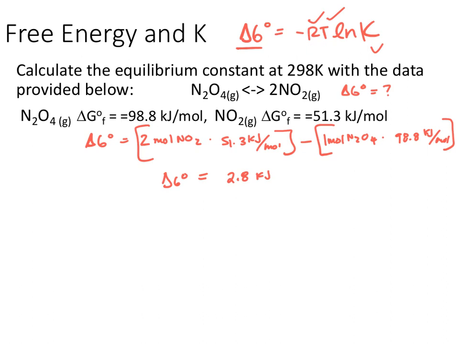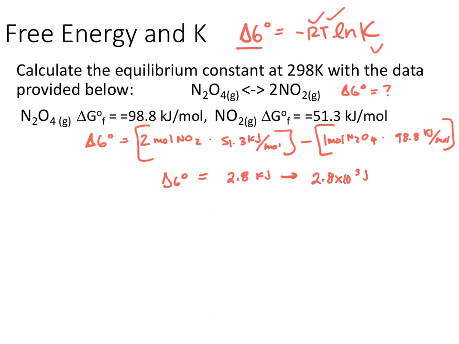Remember, our R constant is in joules, so we need to make a decision about what we're going to convert into. So we can either change this into joules or we can change our R into kilojoules. I'm going to just change our kilojoules for our delta G value into joules. So that's going to give us 2.8 times 10 to the third joules.